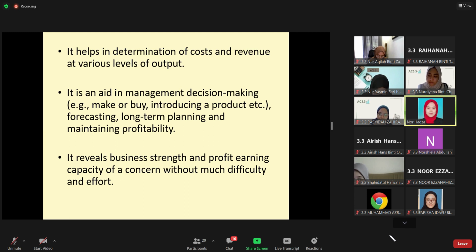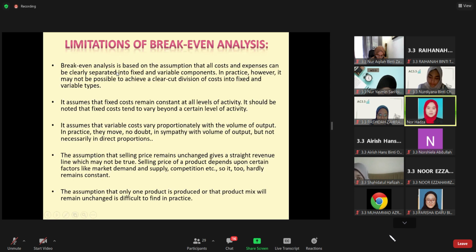Is it a big profit, a huge profit, or only a small profit? You can look at this by using the break-even analysis. Any question?